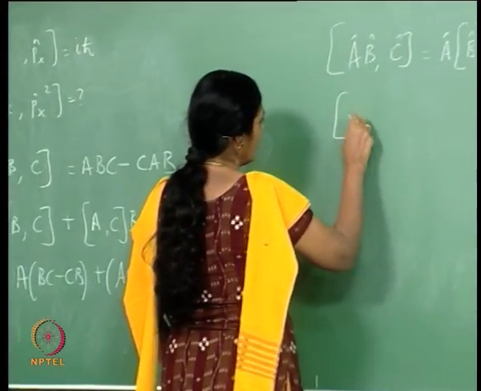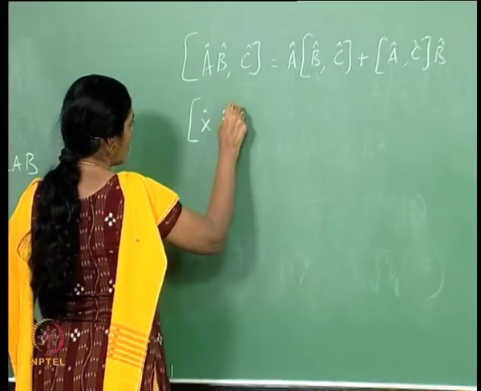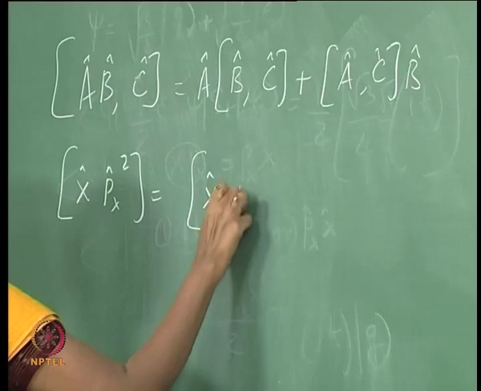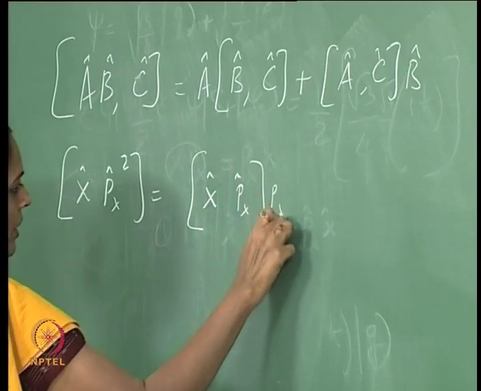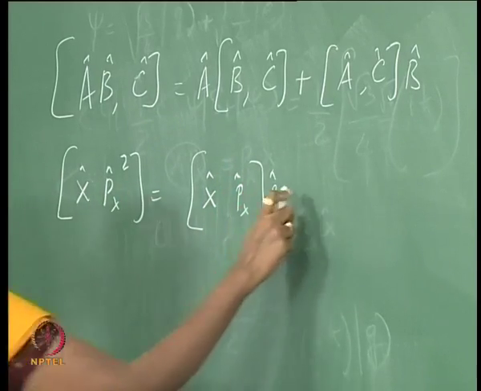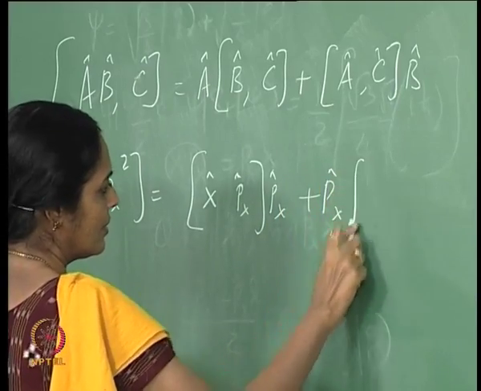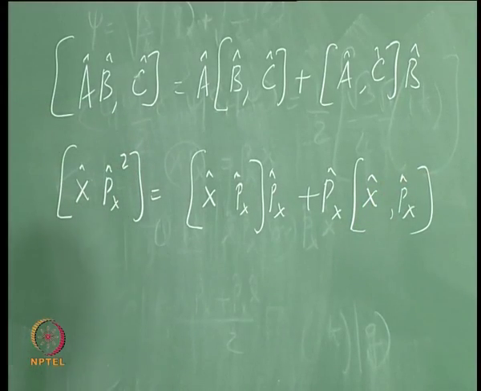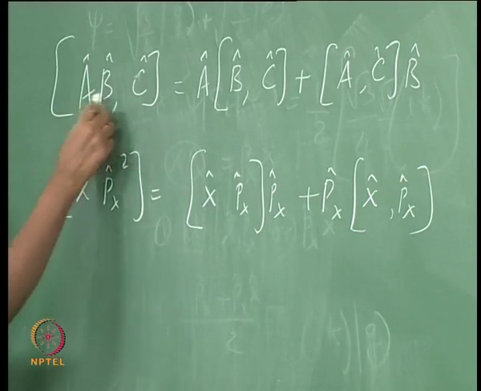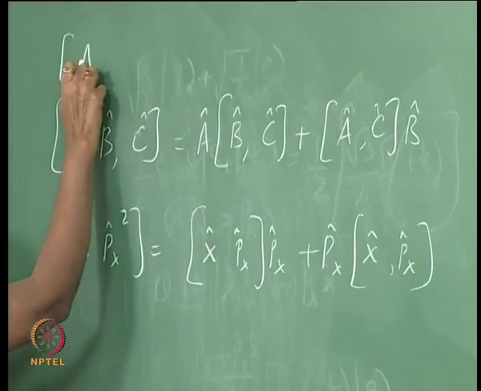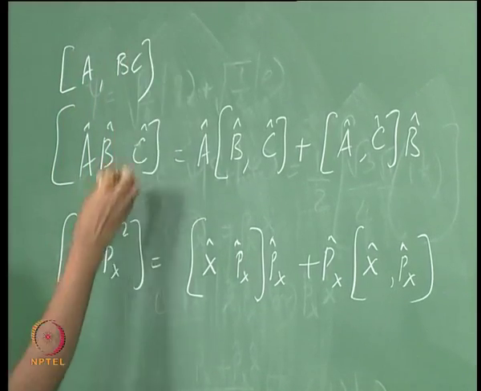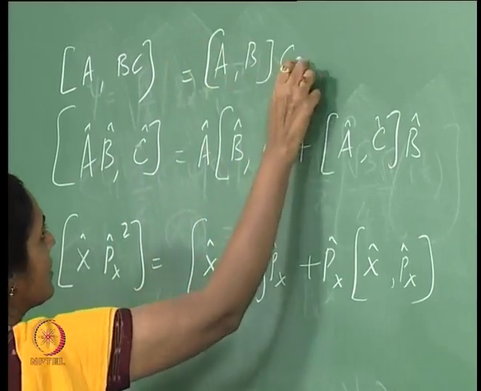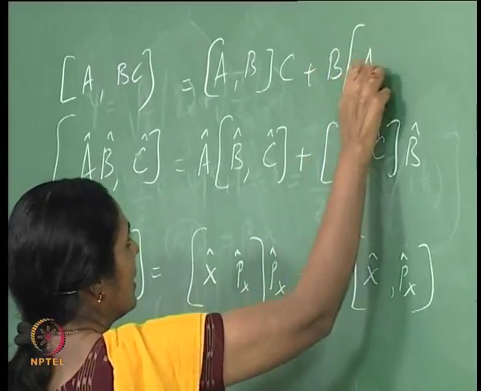So now x with px squared by this rule is x with px times px plus this object. Well, I could have done the same thing, and you could have checked that A, B, C, which is what I am using here, is AB with C plus B AC.